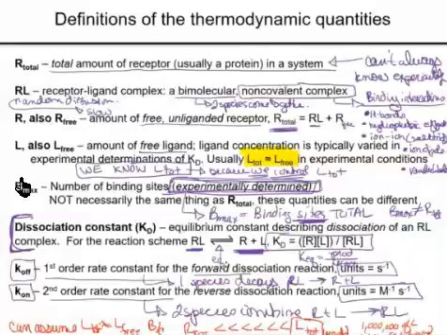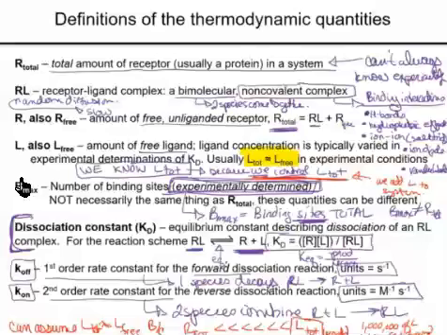So we can assume that L free in our system is the same as L total, because the amount of R total is so small compared to the amount of L total that we're adding to the system. So that's why we can make that assumption. And we control L total, because we add ligand to the system experimentally.